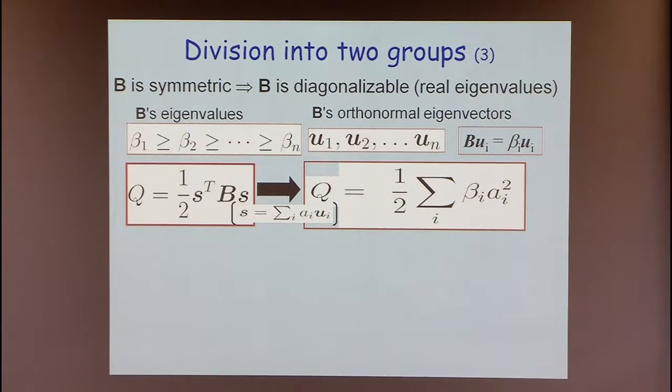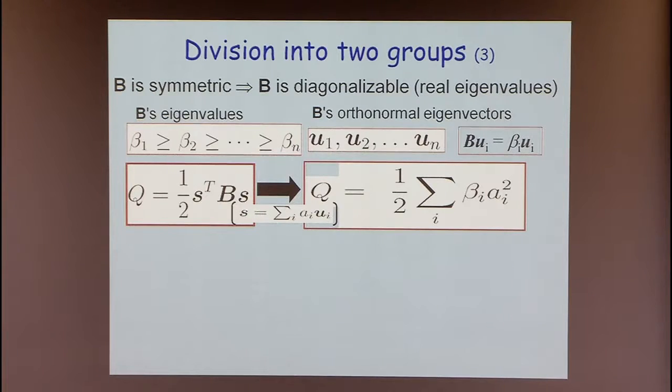And now when you apply this realization that it is diagonalizable, then you can simplify the expression for the modularity function to be the sum over i, over all vertices or eigenvalues, of the eigenvalue times some alpha i squared, where alpha i is a scalar.